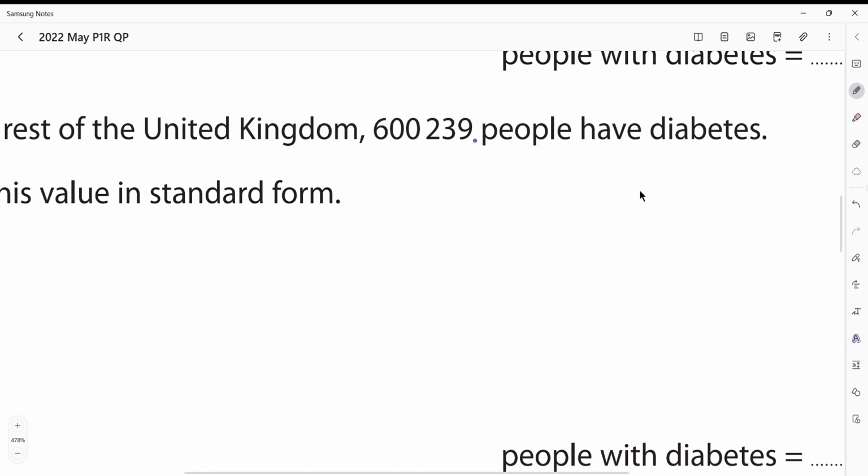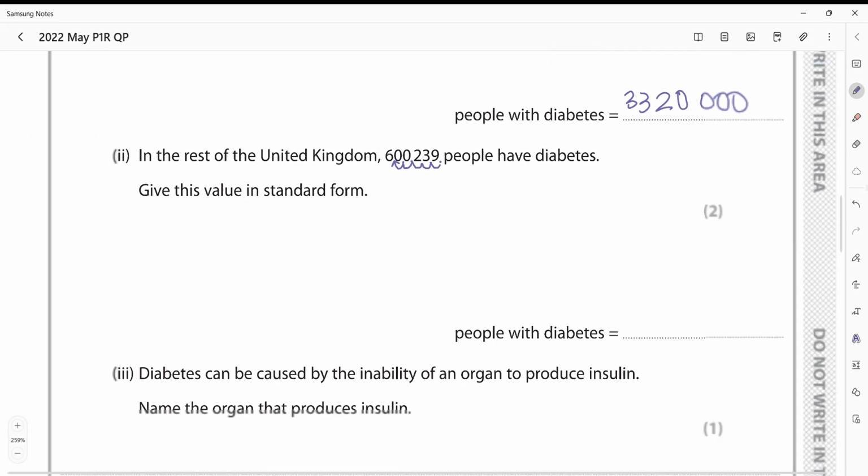So I would move this 1, 2, 3, 4, 5. Therefore, it'll be 6.00239 times 10 to the power of 5 because I've moved the decimal point 5 spaces. This is how I figure things out.